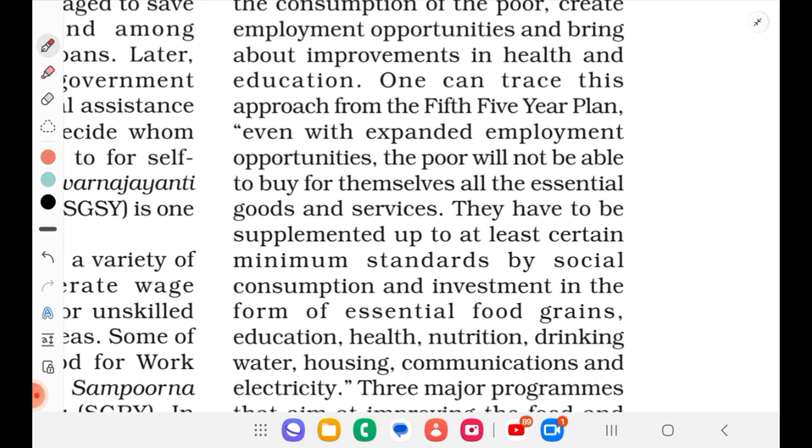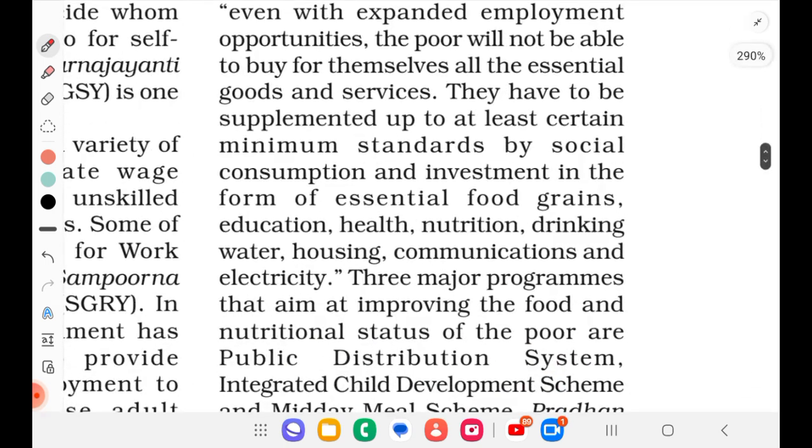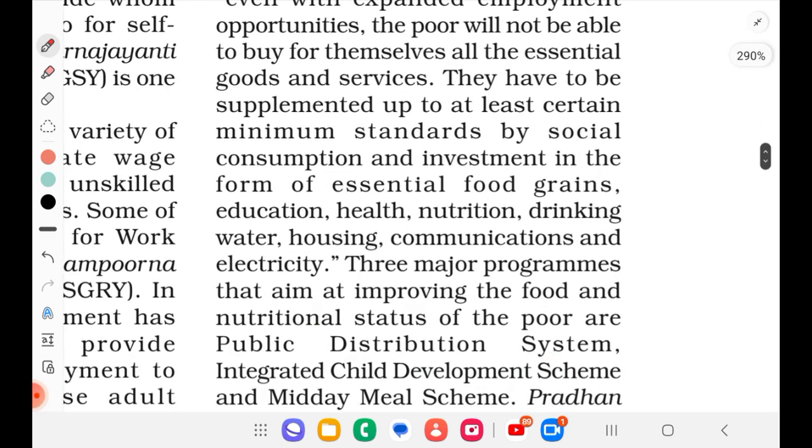Even with expanded employment opportunity, the poor will not be able to buy for themselves all essential goods and services. They have to be supplemented up to at least a certain minimum standard by social consumption and investment in the form of essential food grains, education, health, nutrition, drinking water, housing, communication and electricity.